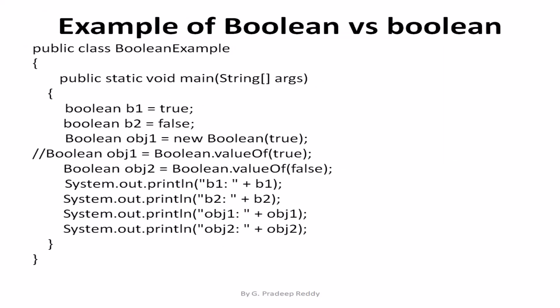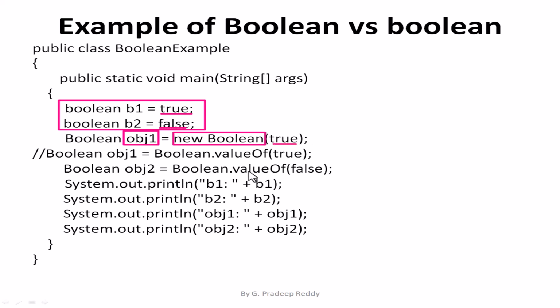Next, example of Boolean versus boolean. As in the previous example, we have seen the difference between the wrapper class and the primitive boolean. Here we are going to see what is going to happen. Boolean B1 and B2: B1 is holding true and B2 is going to hold false. Now we have created a Boolean object1 equal to new Boolean, and we pass the value true.